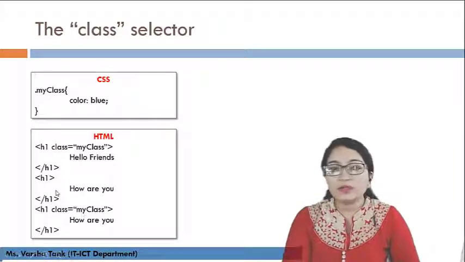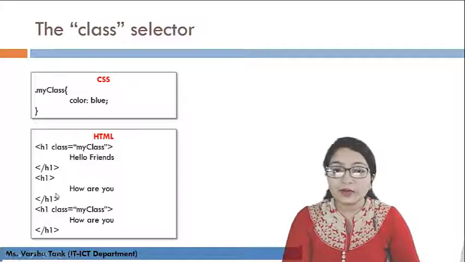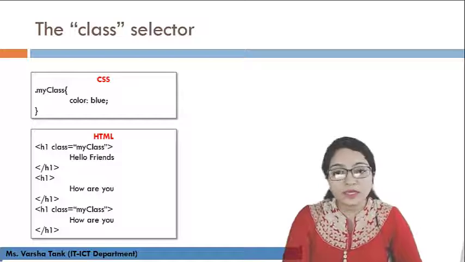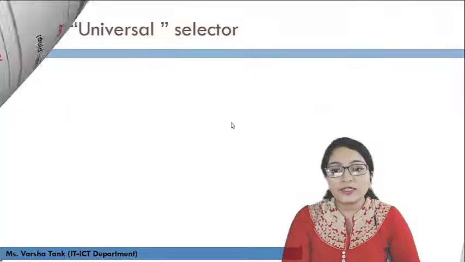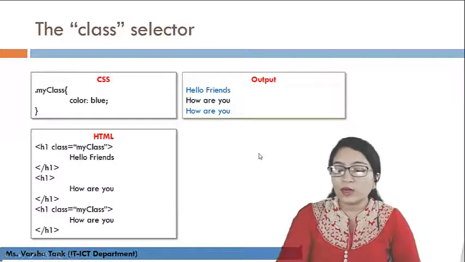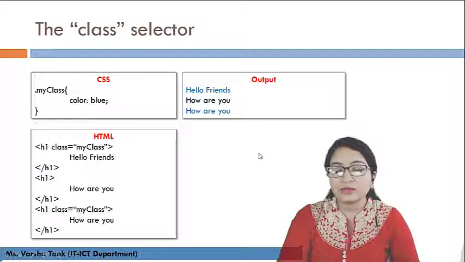It will not apply to this because we are not using the element selector, we are using the class selector that you have to specify specifically in the tag. Got it? So this will be the output: hello friends and how are you in the blue color, and this how are you in the normal font. Okay, so let's see the output for this, how we are able to apply the class selectors.